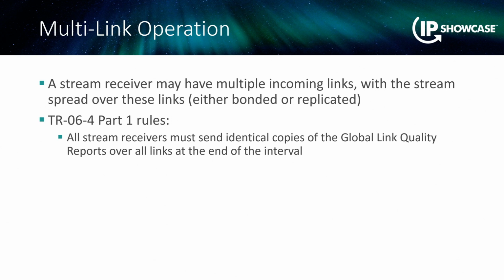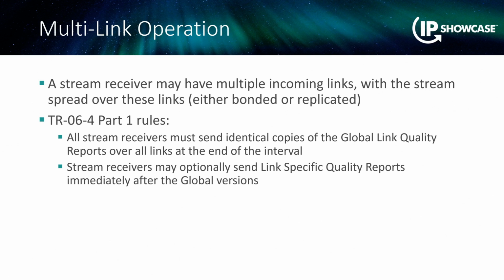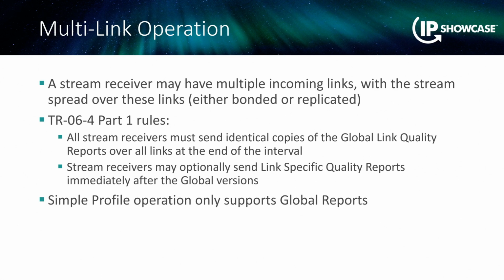And we always send that. We send it over all the links, but optionally, you can send specific information about each of the links in that link. So if you're sitting in the link, you're going to have a global message that's the same over all links and gives you the aggregate. And then you can have a second message coming back, which is the statistics specifically for that link.